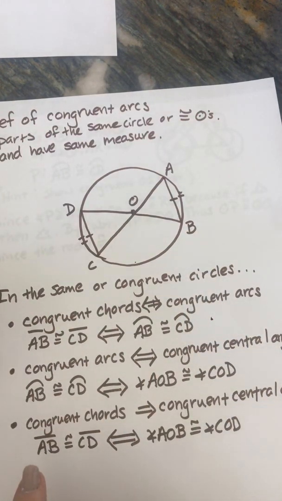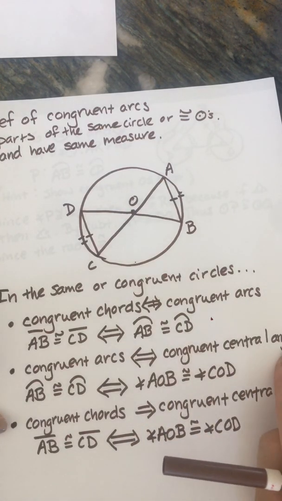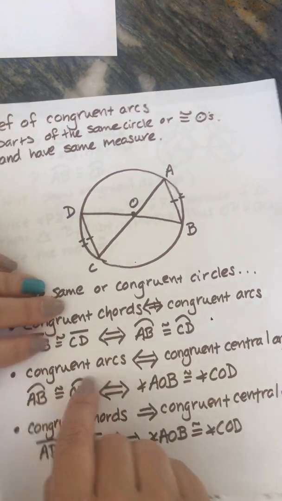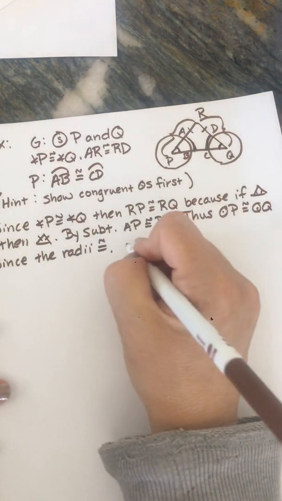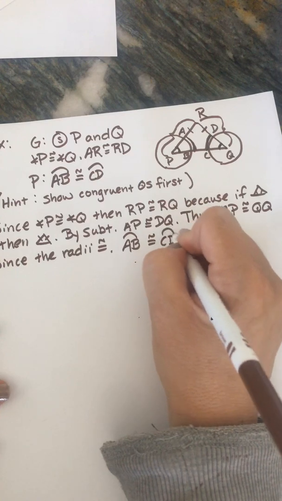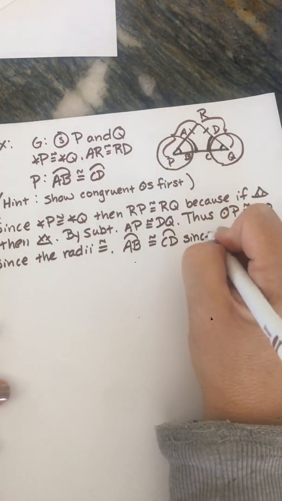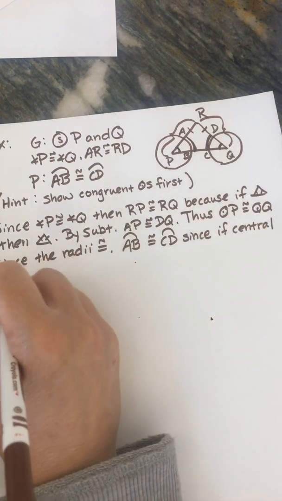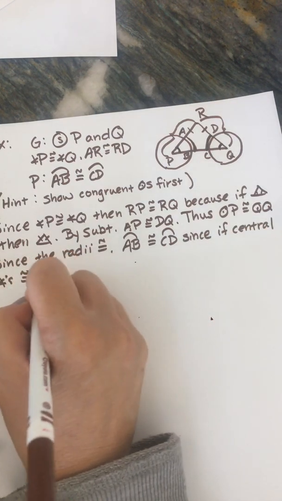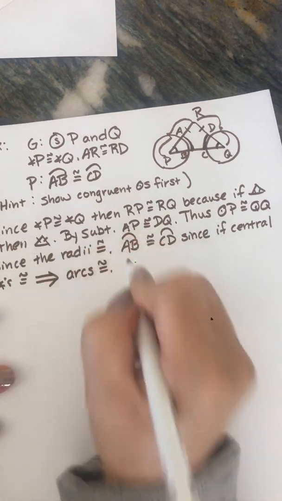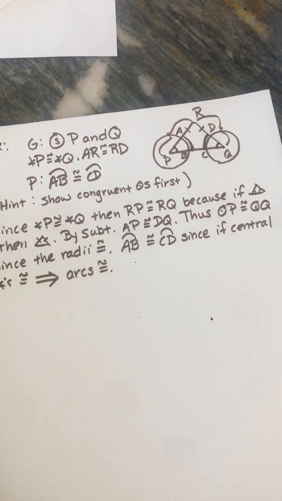If the central angles are congruent, then the arcs are congruent. Well, that's what we want. So arc AB is congruent to arc CD, since if central angles are congruent, then intercepted arcs are congruent.